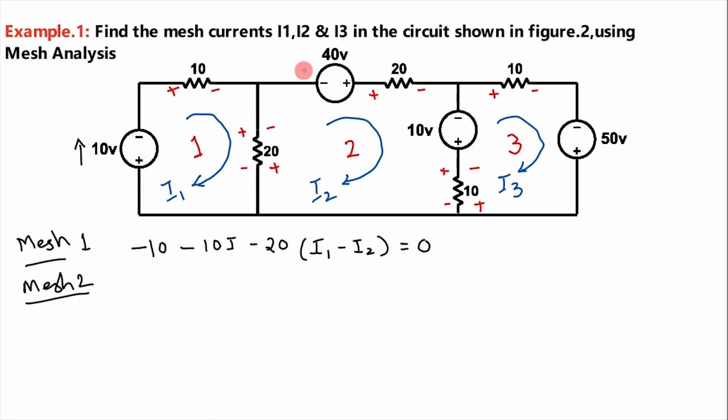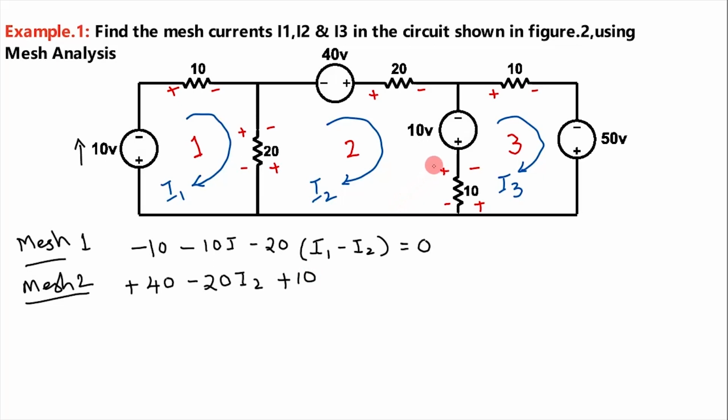For mesh 2, here we are going from minus to plus, so plus 40, rise in potential. Then here positive to negative, so the voltage drop in 20 ohms is 20 into mesh current I2. So as it is a voltage drop, positive to negative, minus 20 I2. Here also a rise in potential, minus to plus, plus 10.